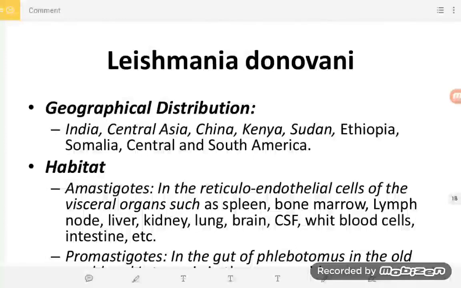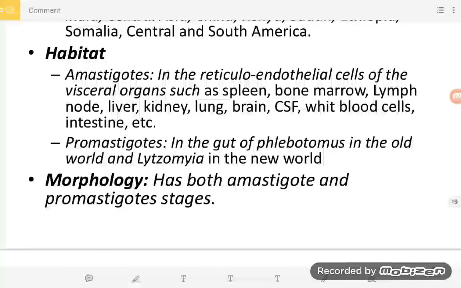Leishmania donovani, geographical distribution: India, Central Asia, China, Sudan, Ethiopia, and you can see it all over the world. But as for habitat, in the case of the amastigote form, we can see it in the reticuloendothelial cells of the visceral organs, visceral meaning deep organs, such as spleen, bone marrow, lymph nodes, liver, kidney, lung, brain, CSF, white blood cells, intestine.